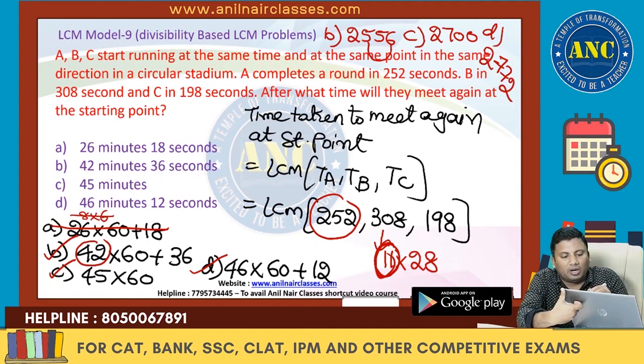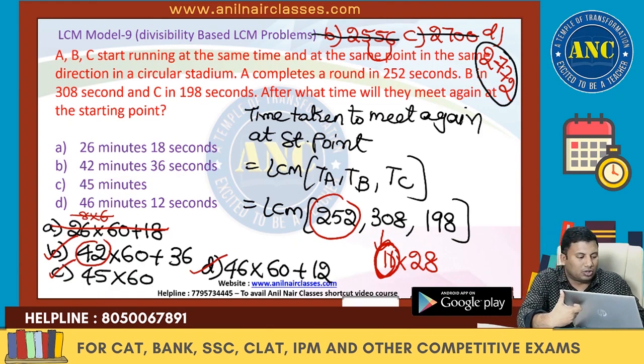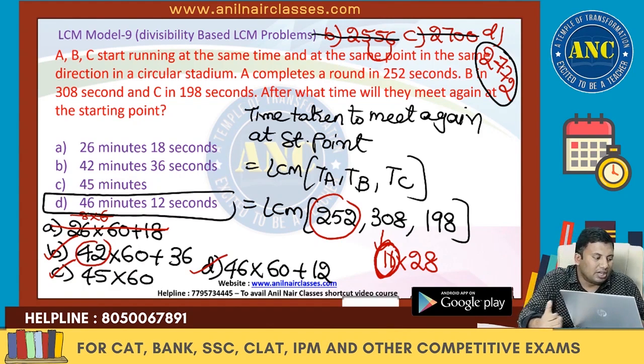Sum of the odd places, 6 plus 5 is 11, 11 minus 7 is 4. These are also not divisible by 11. 2772 is the answer. 46 minutes and 12 seconds is the answer.